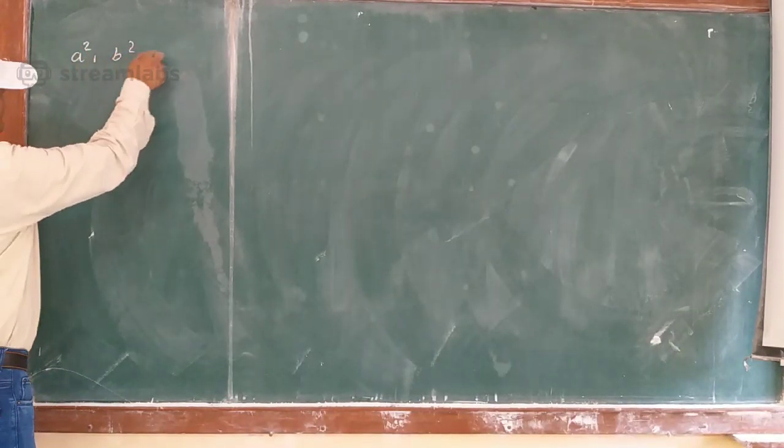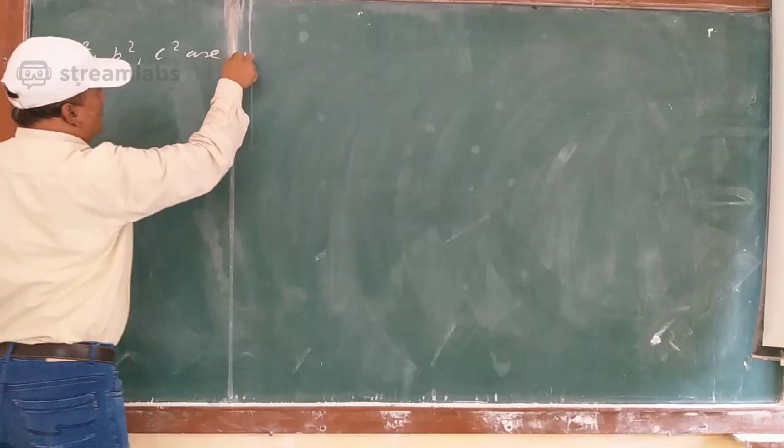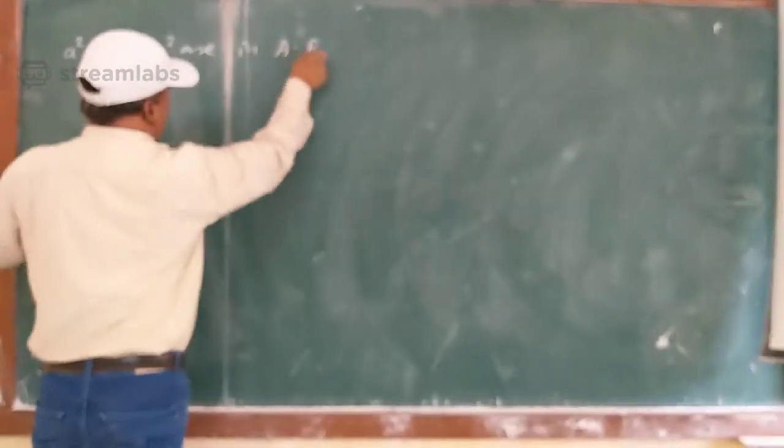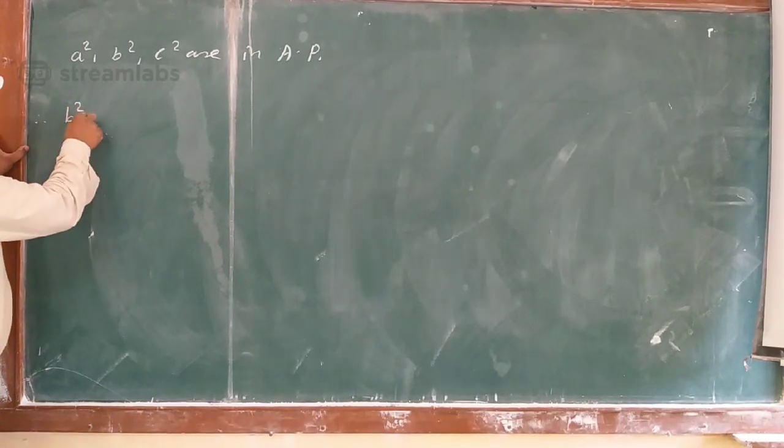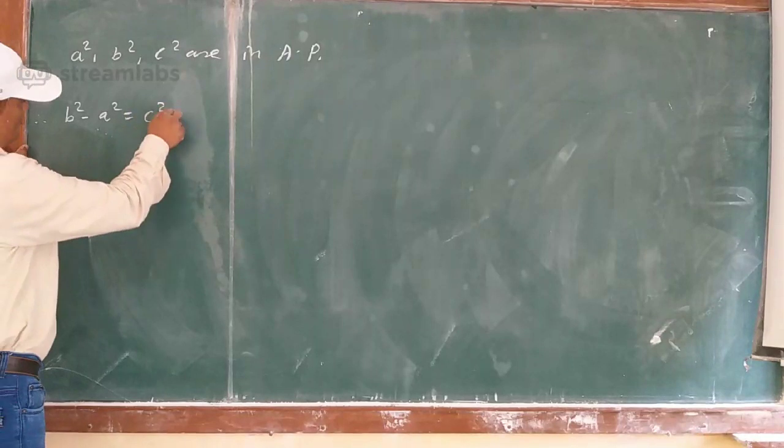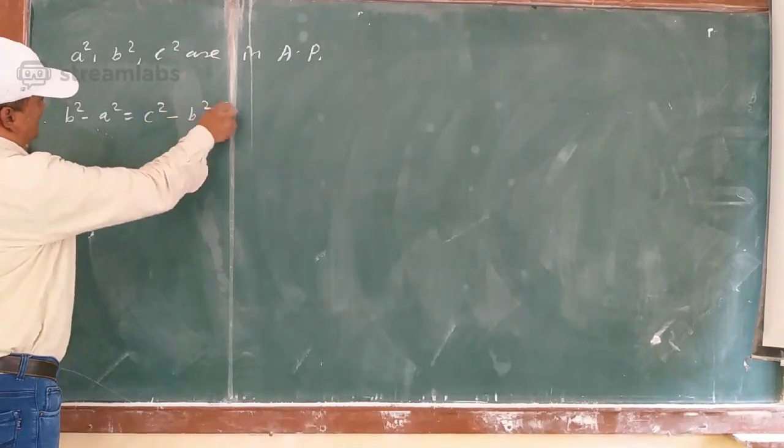So A square, B square, C square are in AP, as given. It means B square minus A square equals C square minus B square.